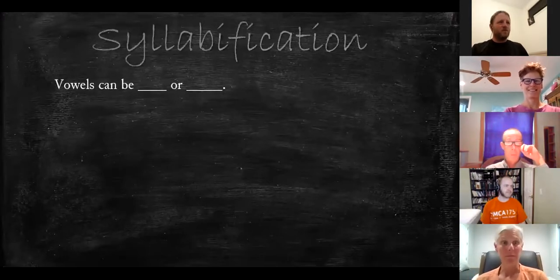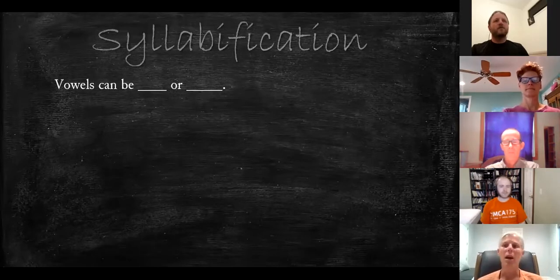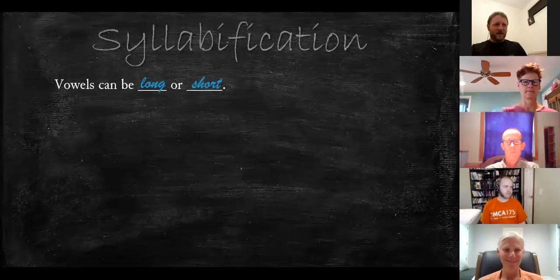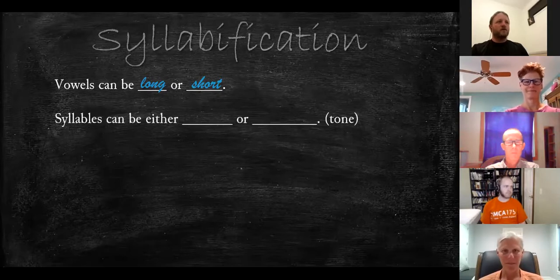Vowels, if we think of vowel length, can be short or long. Technically in Hebrew, you can have long, short, and half or reduced. Syllables, in terms of tone or accent, can either be accented or unaccented.